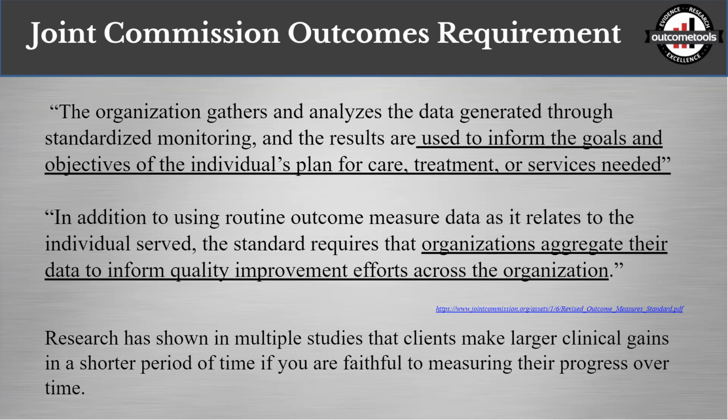So it shows you that the client is either in a clinical range or that as they take it at multiple points of time, it's showing that their score is changing. And you need to use those results that come from that instrument to inform your goals and objectives on the individual's plan for care, treatment, and services.